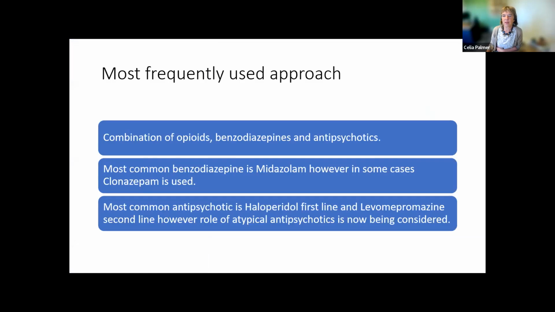The most frequently used approach is a combination of opioids, benzodiazepines, and an antipsychotic. Currently the antipsychotic most commonly used is haloperidol as first line and levomepromazine as second line. I would say that may be changing as the use of more atypical antipsychotics is being considered.